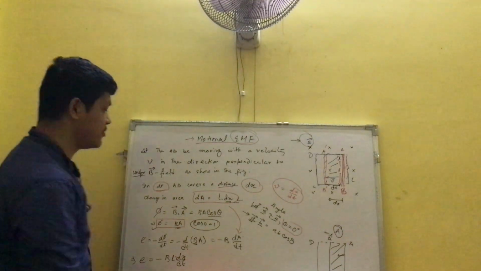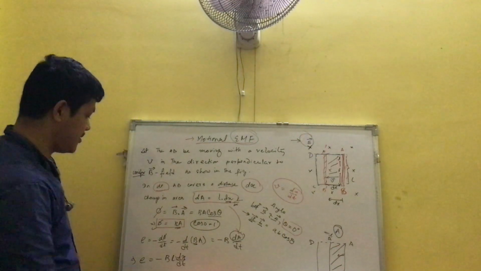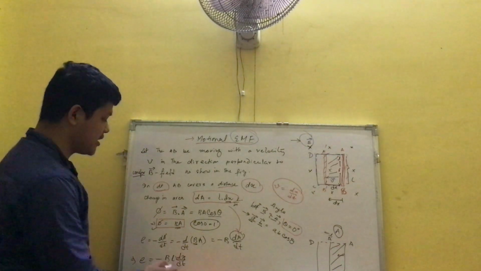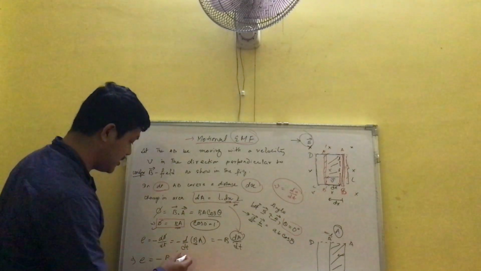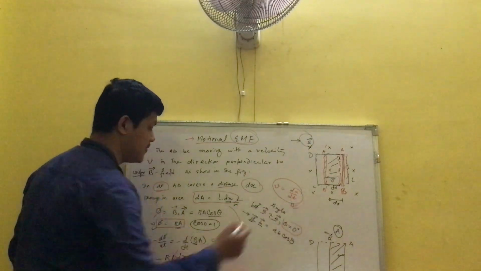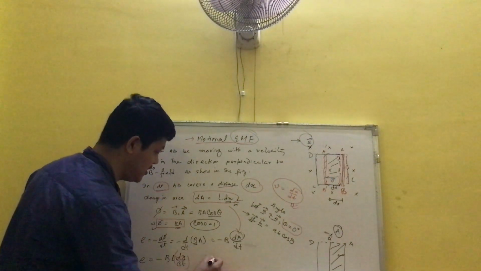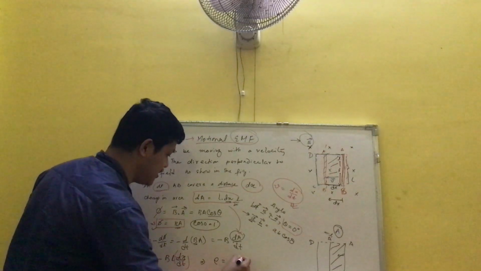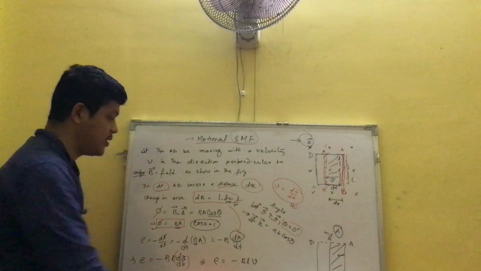So what we have done is replaced this dA by this value here. And dx by dt is nothing but the velocity. That's why we can write E is equal to minus BLV.